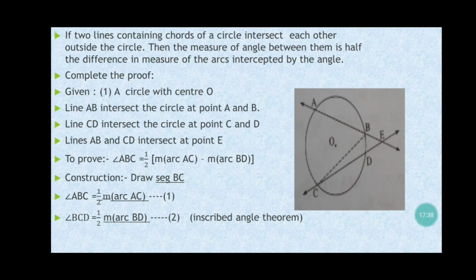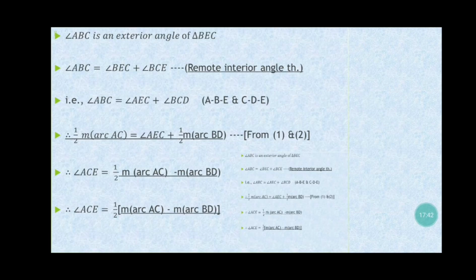Now here, what I have to prove is, angle ABC is an exterior angle, right? As it is an exterior angle, angle ABC is equal to angle BEC plus angle BCE.